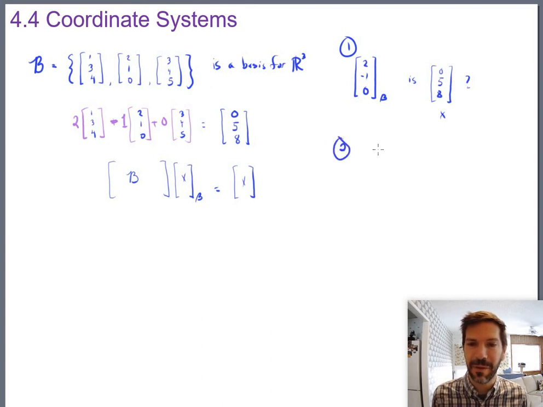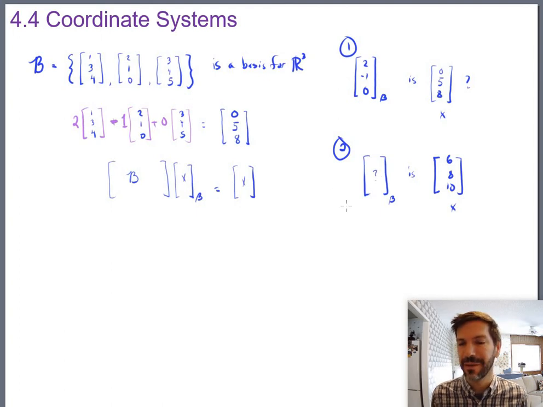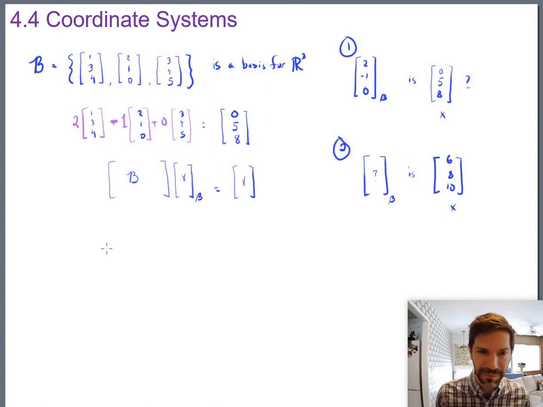A second type of problem, of course, is when they go the other way around and say 6, 8, 10 in standard coordinates is what in the coordinates of this particular basis.